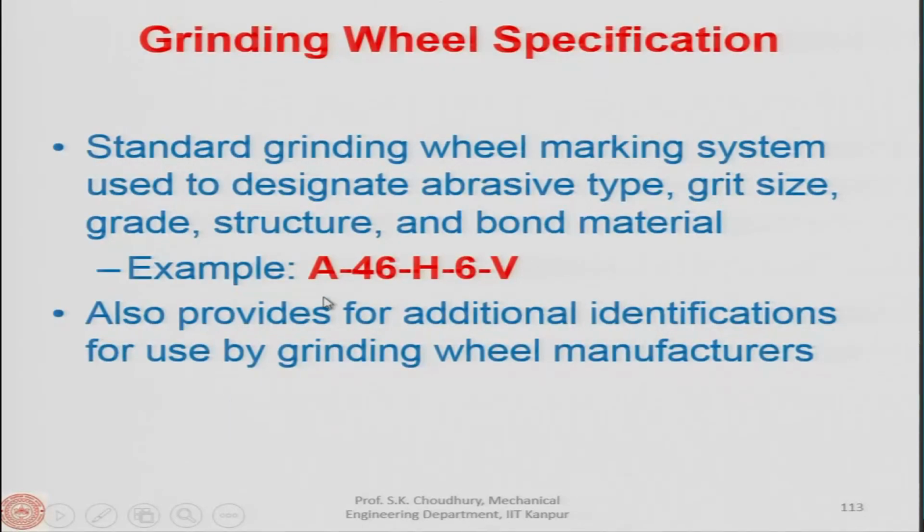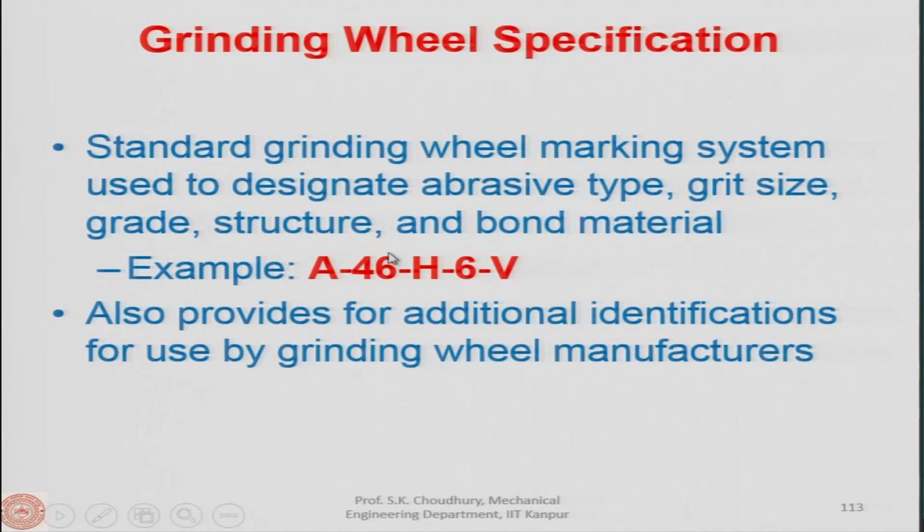For example, we can say that this is A46, H6 and V. That means the abrasive material that is used here is aluminum oxide.